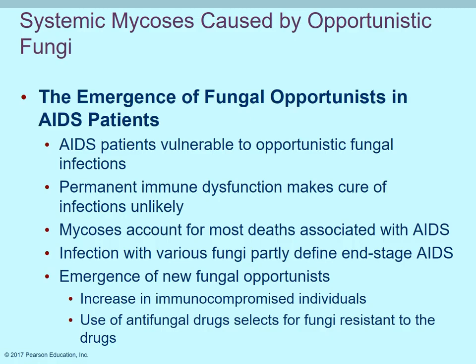We are finding more and more opportunistic fungi infecting AIDS patients. And as I said earlier, and as you've noticed, several of the previous diseases seem to be more closely associated with AIDS patients.